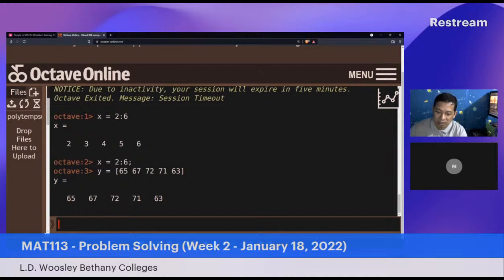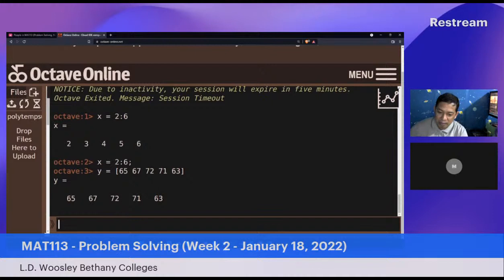And extrapolation, estimating outside the bounds of the recorded data. Meaning these are mere predictions. Now we are predicting in the future what would be the trending. Ganun ang ibig sabihin ng extrapolation. Ang interpolation, they are missing data in between, so we could approximate using the existing data points. That's the difference between interpolation and extrapolation.